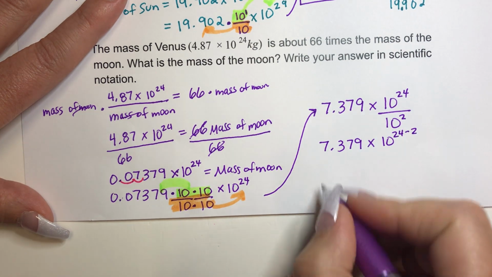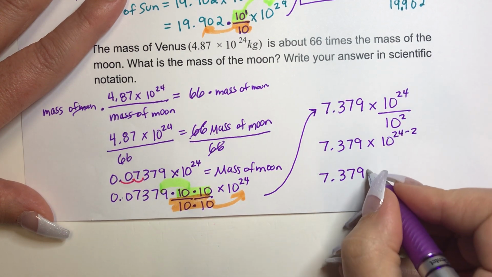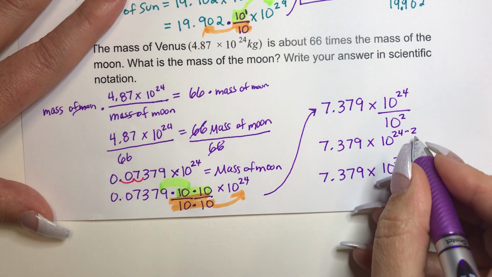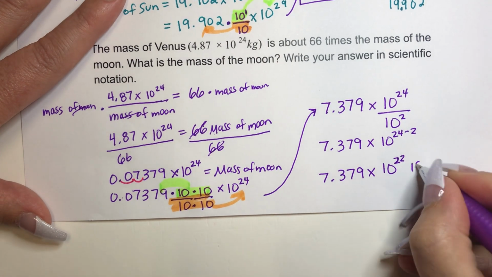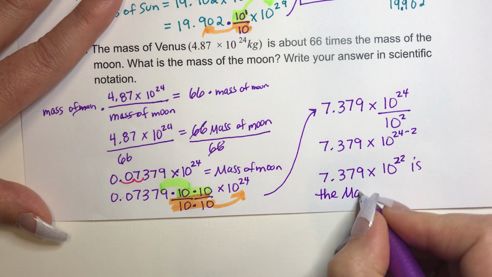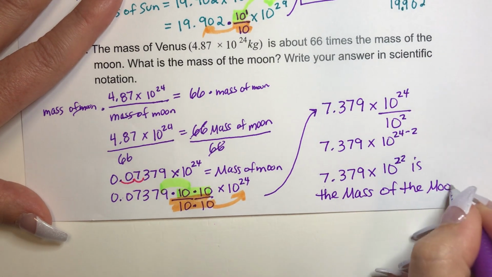We subtract the exponents, and we're left with 7.379 times 10 to the 22nd. 24 minus 2 is 22. And this is the mass of the moon.